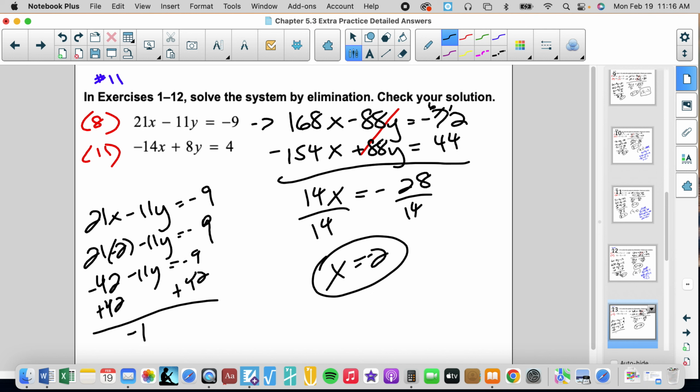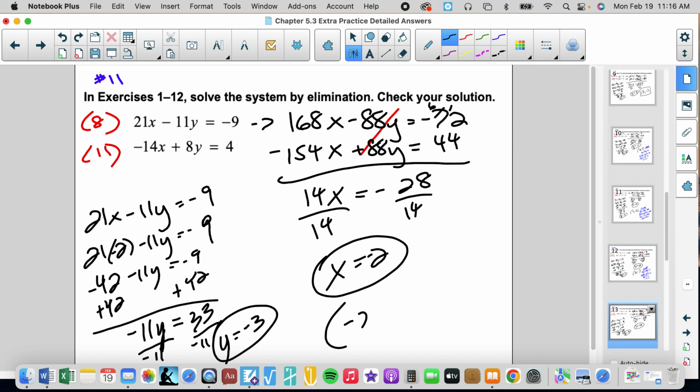And the nice thing is, since I showed all my work, correcting that mistake is relatively simple. All I had to do was add 42 instead of subtracting 42. And from 9 gives me 33. Divide by negative 11, we get y equals negative 3.